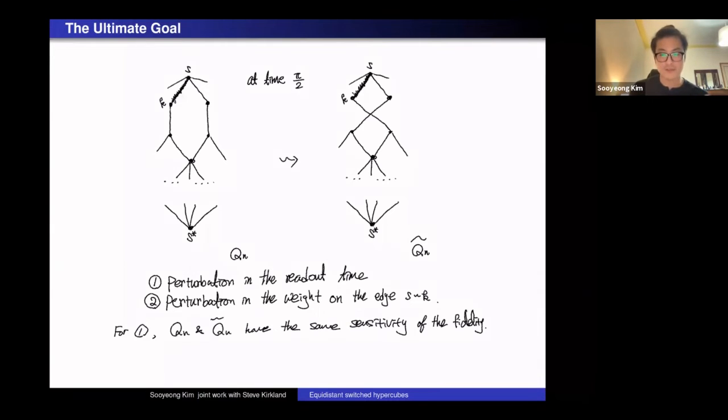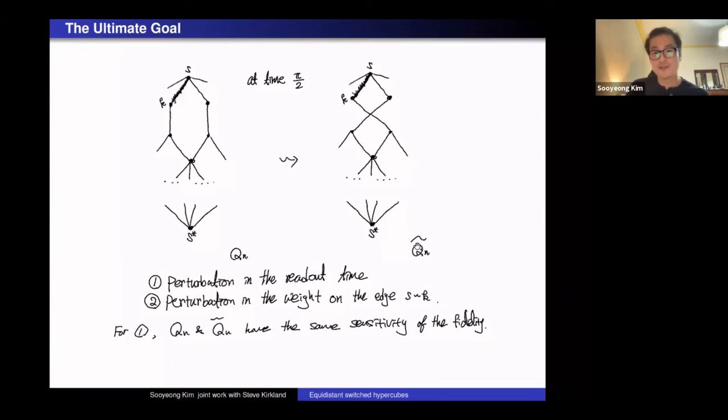Based on the experiment, they have different sensitivities, especially Q tilde N becomes insensitive to the change of edge weight, especially S and K. So you might be wondering what if we perturb the other edges, for example, here or here, something else. For my impression, based on the experiment, when we perturb some edges away from this matching, then the sensitivity increases.